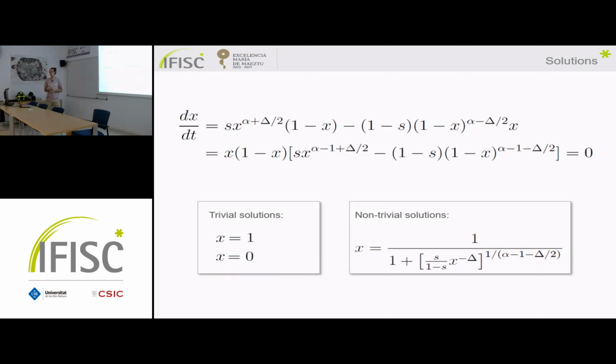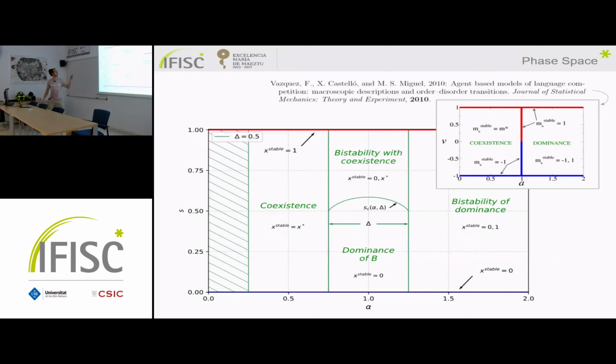So we will try to find other ways to study these non-trivial solutions. But first, let me show you the phase space of this model, which is the main result of the thesis, where we find two novel phases that we didn't see in the Abrams-Strogatz model. Here we have the phase space.